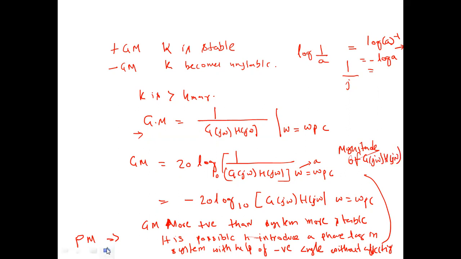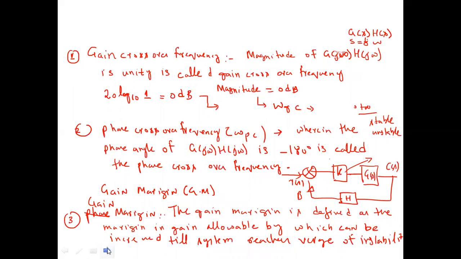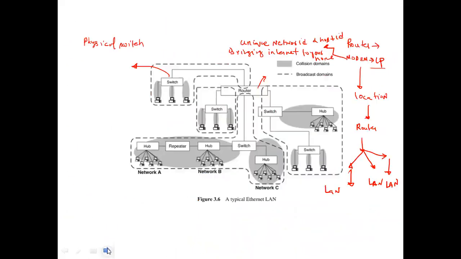If you want to express this mathematically, like the gain margin, we can express phase margin as the angle of G(jω)H(jω), and this has to be at the gain crossover frequency, ω equal to ω_GC.